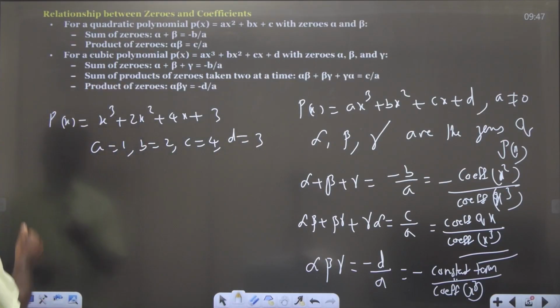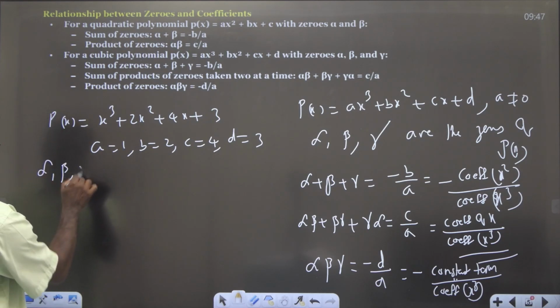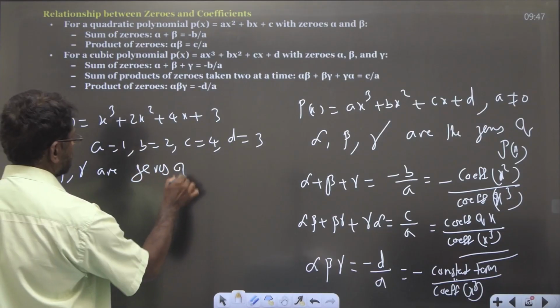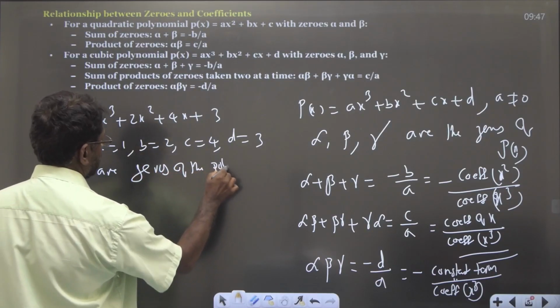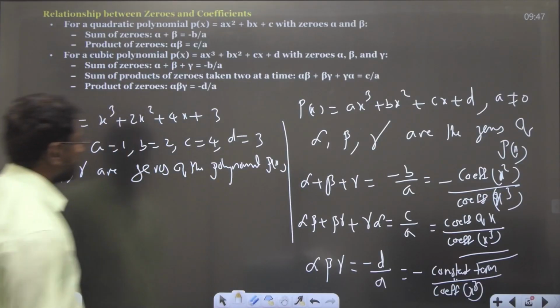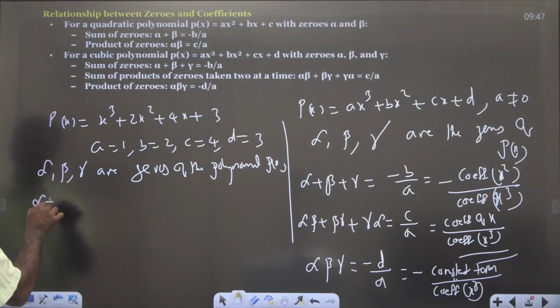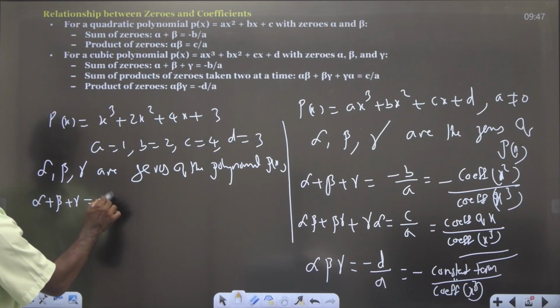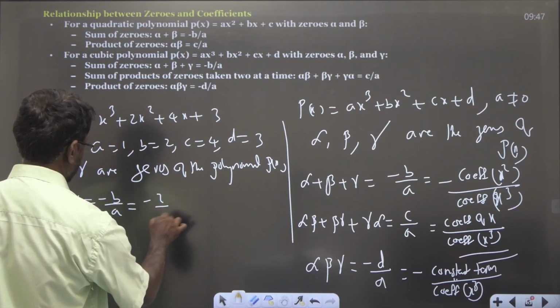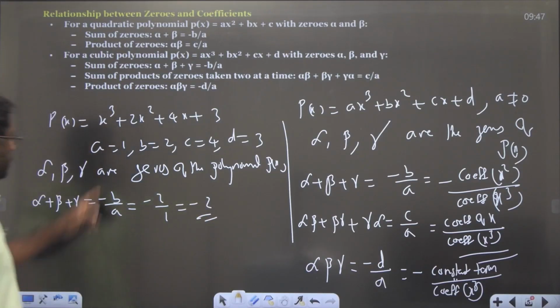Suppose alpha, beta, gamma are zeros of the polynomial P of x. What is alpha plus beta plus gamma? That is minus B by A. Minus B, that is minus 2 by 1, minus 2. A is 1.